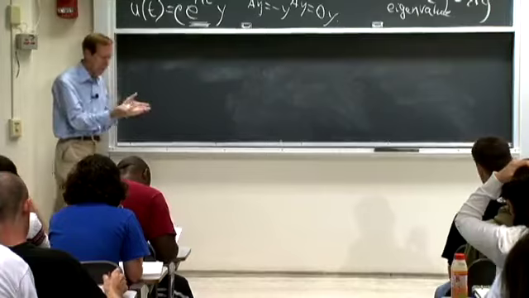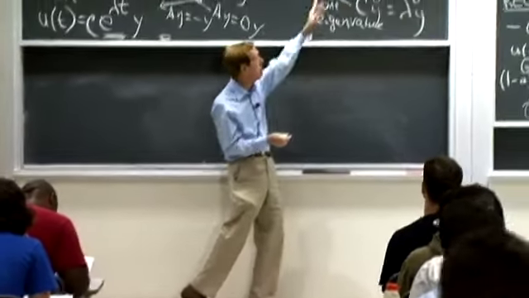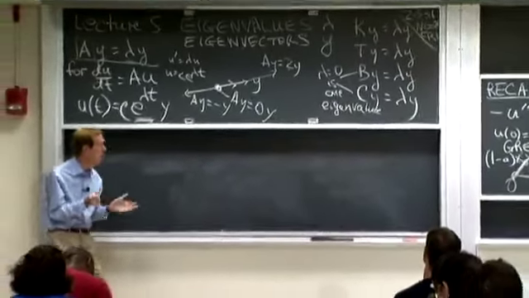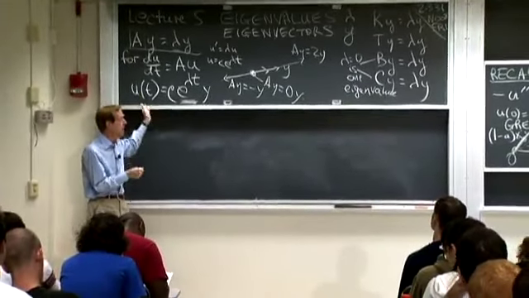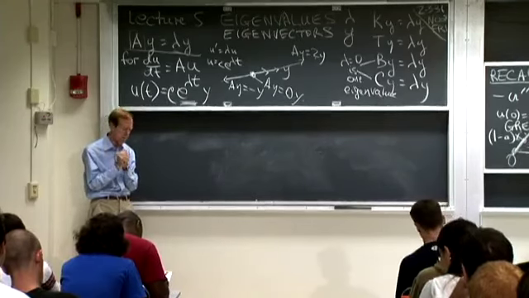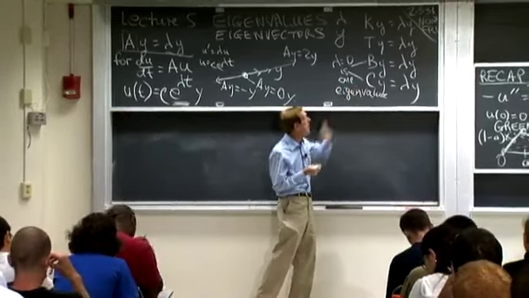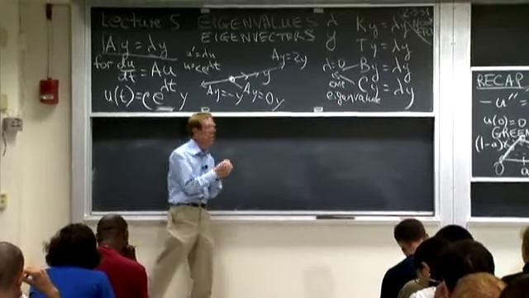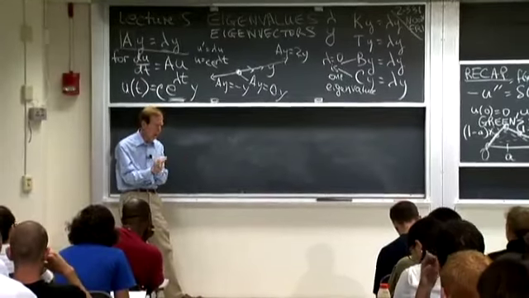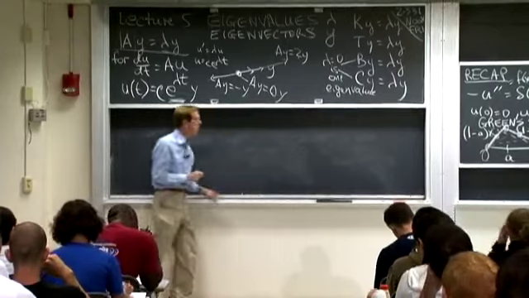A typical good matrix, which includes every symmetric matrix, so it includes all of our examples and more, if it's of size 1,000, will have 1,000 different eigenvectors. And for our symmetric matrices, those eigenvectors will all be real. They're great, the eigenvectors of symmetric matrices.